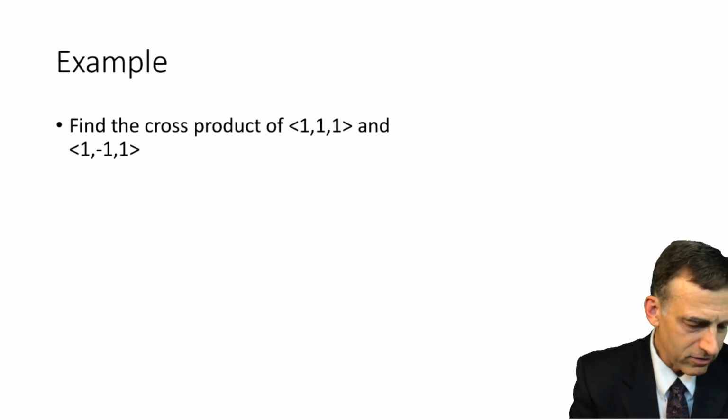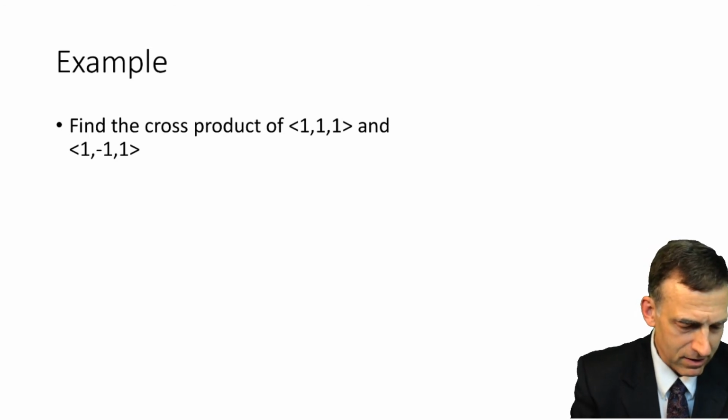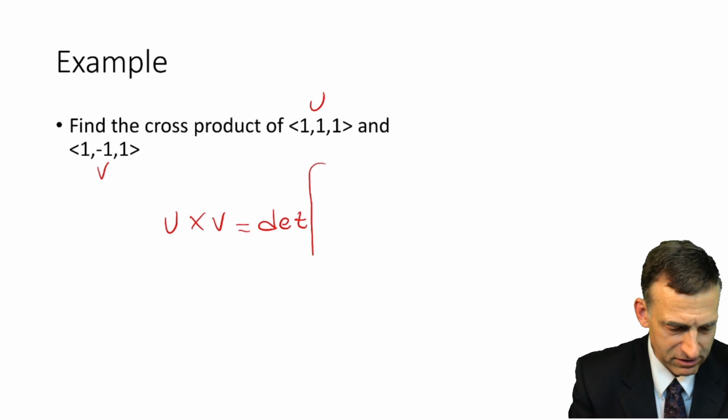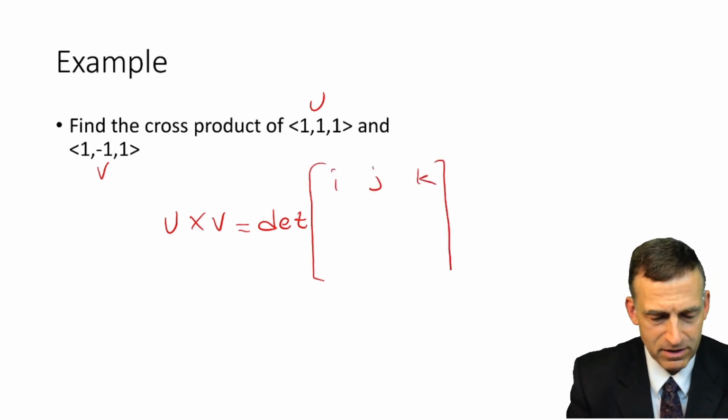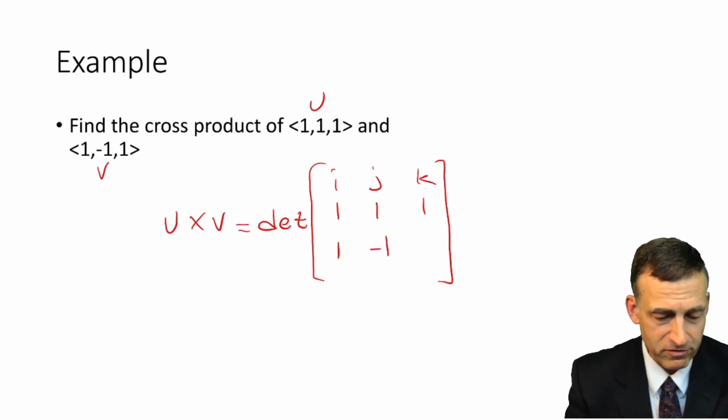U crossed with V is going to be the determinant of this matrix, where you have I, J, and K in the top row, then you write the numbers for vector u along the second row, and the numbers from vector v along the third row.